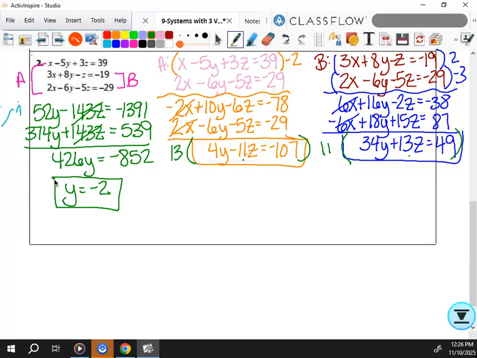Then I have to substitute y back into one of either my orange or my blue. I think orange probably looks a little bit nicer, right? So we'll do 4 times negative 2 minus 11z equals negative 107. It's -8.